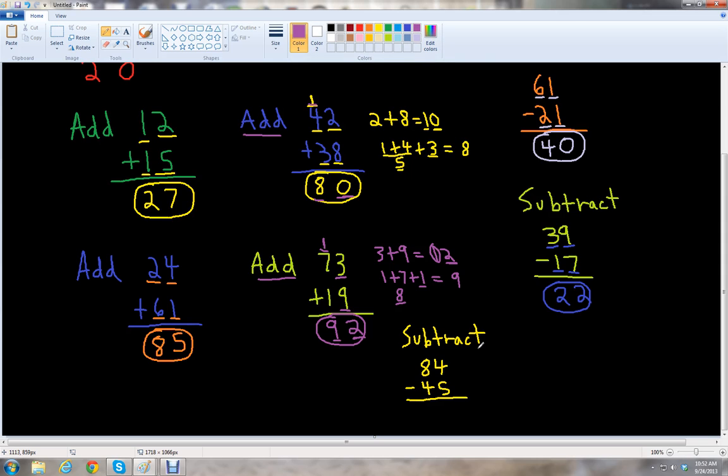So notice here that when we do 4 minus 5, we can't take away 5 from 4 because this digit is larger. 5 is larger than 4.